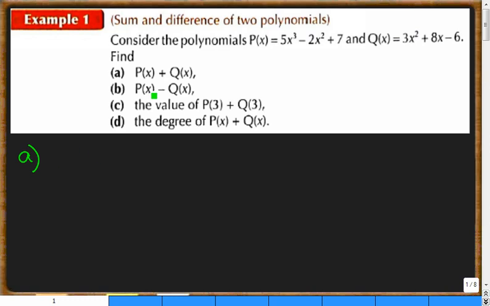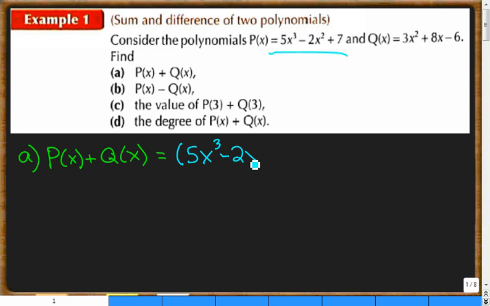So if we were to add p of x and q of x, p of x is 5x cubed minus 2x squared plus 7. And q of x is 3x squared plus 8x minus 6.